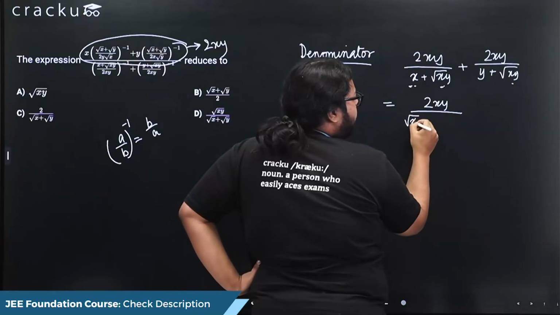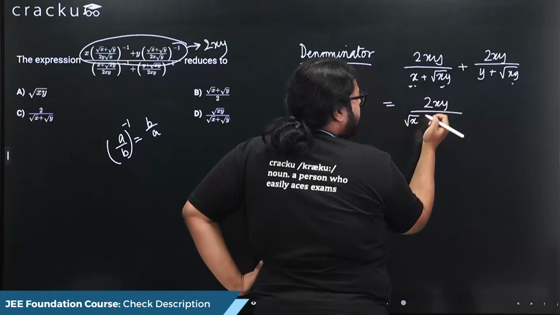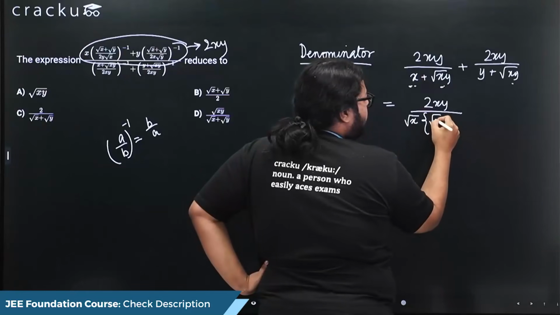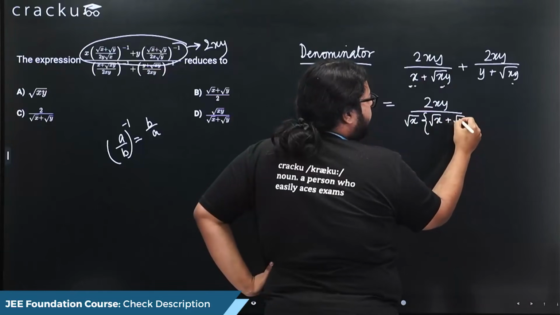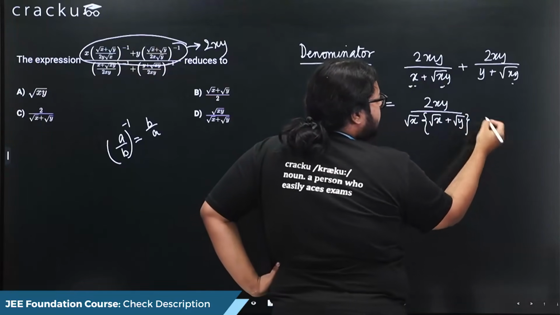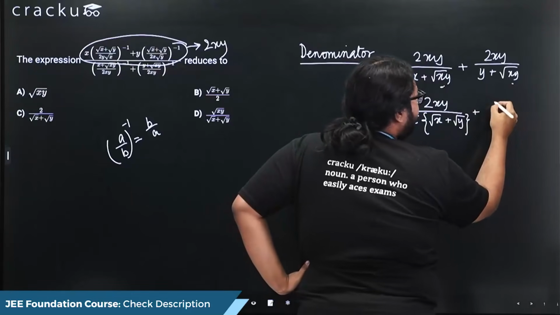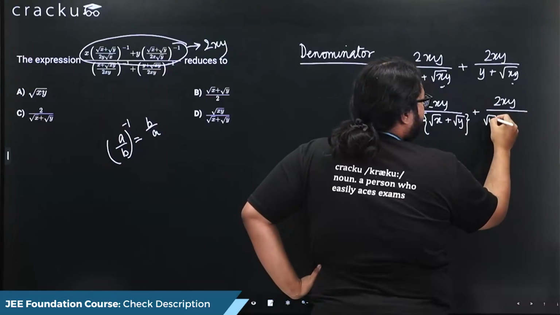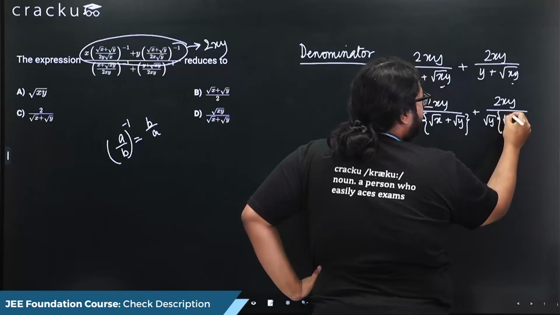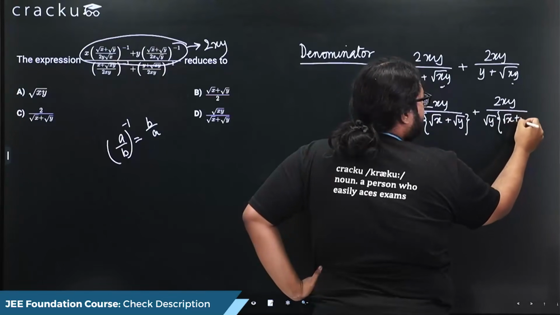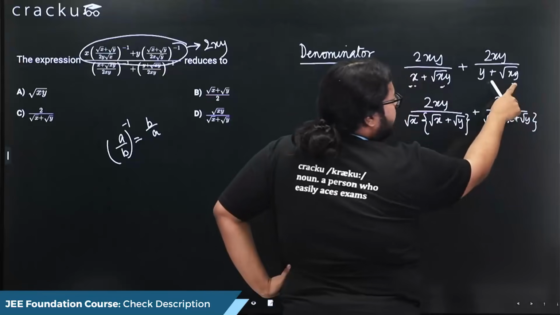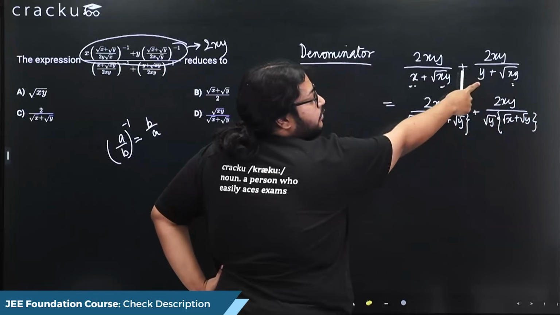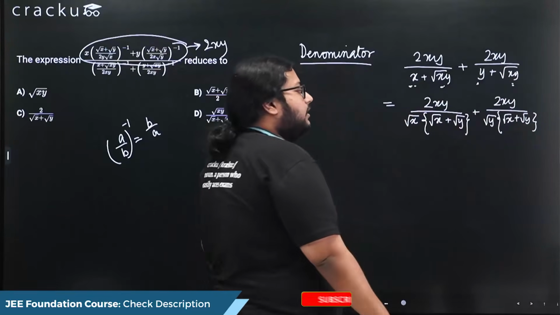So I'll be left with root x plus root y. Similarly, from the second one, I can take root y common. I'll again be left with a root x plus root y.